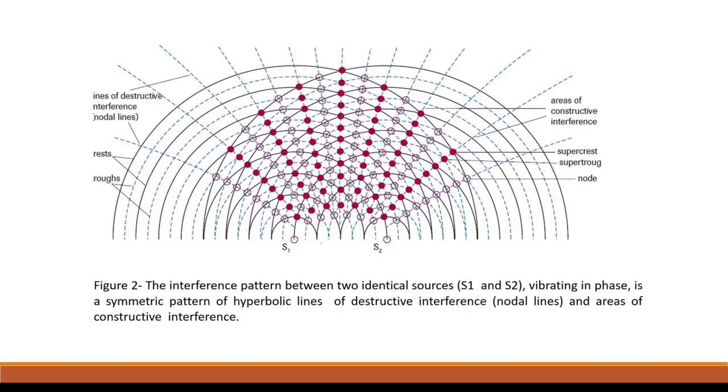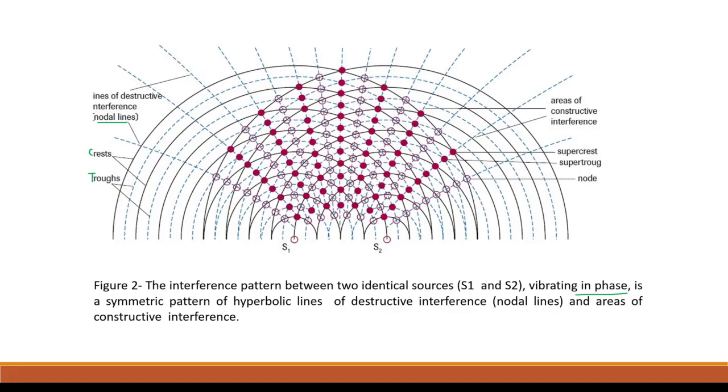And here we have a figure of more of a graphical version of it. Notice that this is, again, vibrating in phase with the same wavelength and frequencies. It's a symmetric pattern of hyperbolic lines which show destructive and constructive interference. So we have crests and troughs.